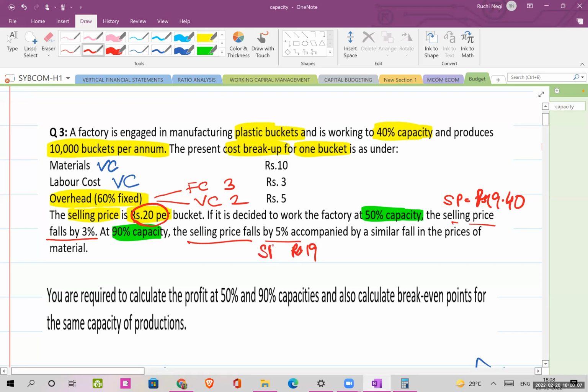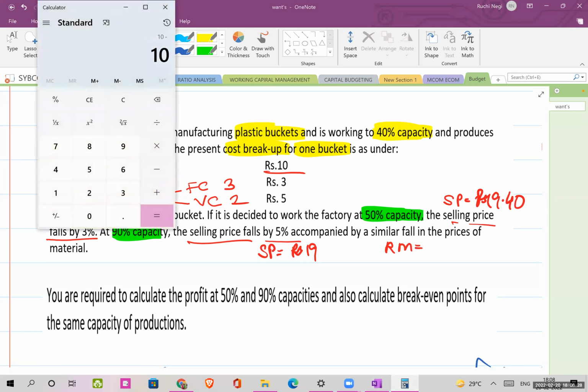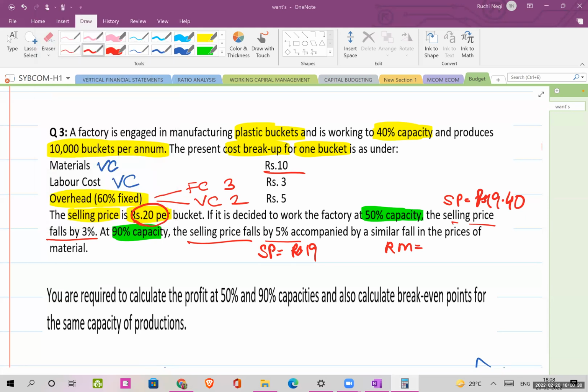So this is the change, accompanied by a similar fall in the price of raw material. At 90%, there will also be a fall in raw material. Raw material was how much? 10 rupees. So 10 rupees less 5% will become 9.5.